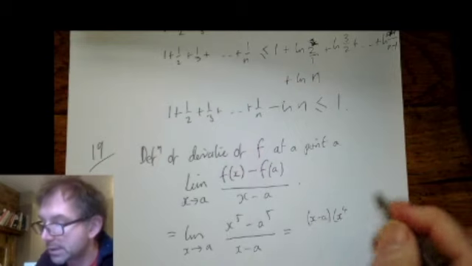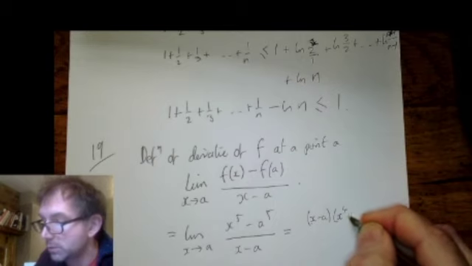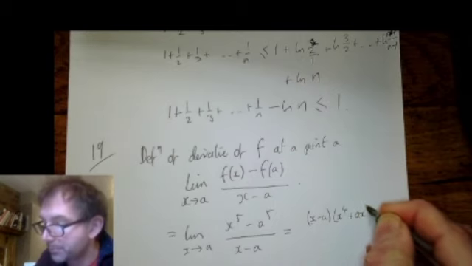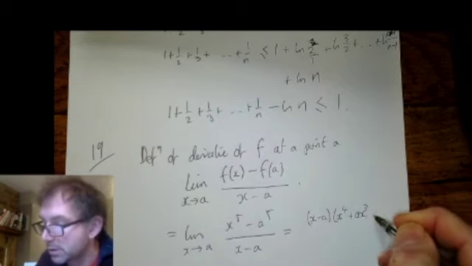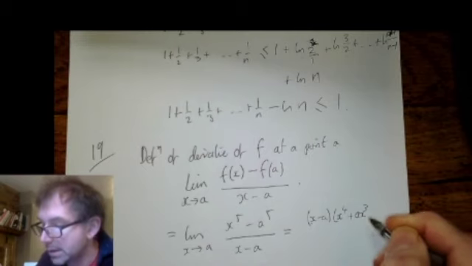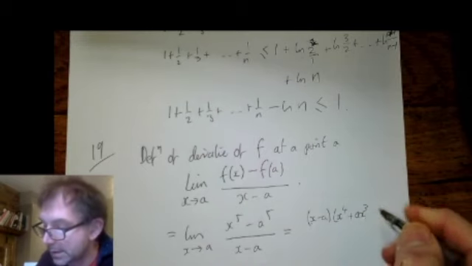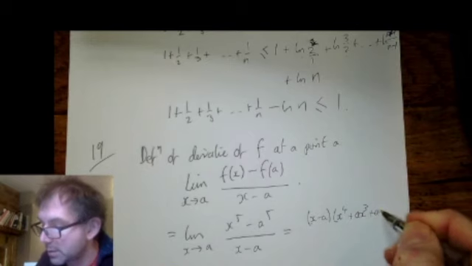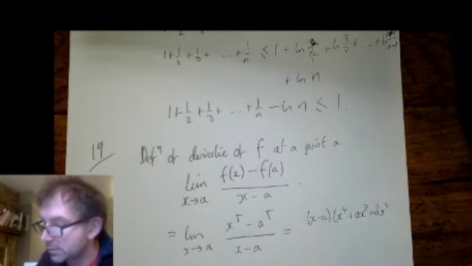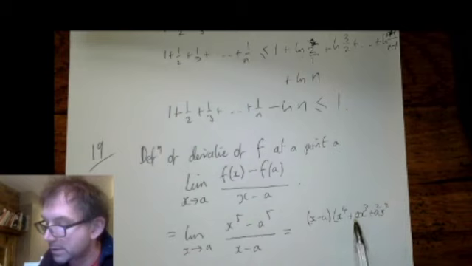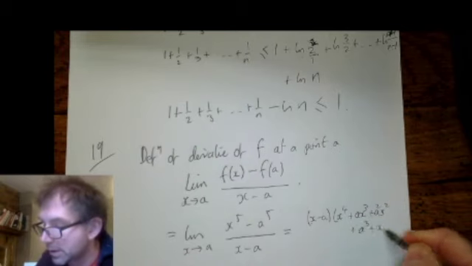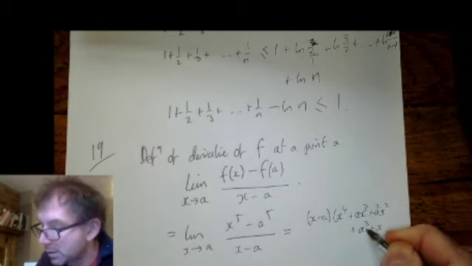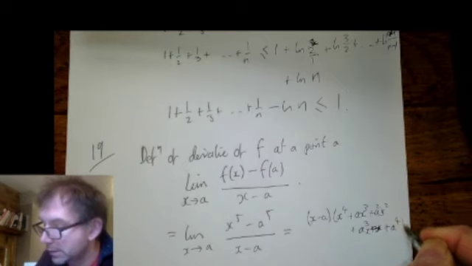That gives me minus a x to the 4, which I then need to add back in again, which I can do if I put in that term, a x cubed, and that gives me minus a squared x cubed, which I can get if I add back in a squared x squared, and you can see by now what's happening. The a's are going up and the x's are coming down, and we finally end up with that value.